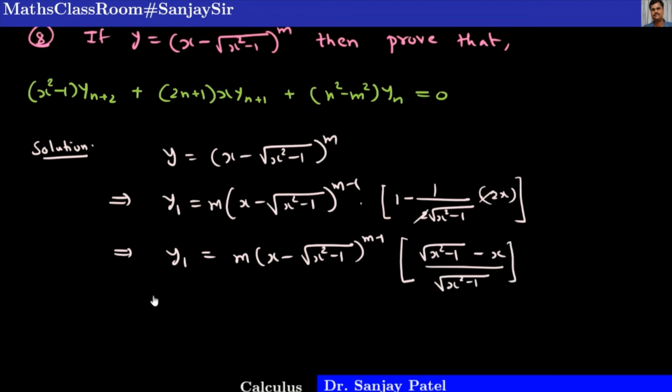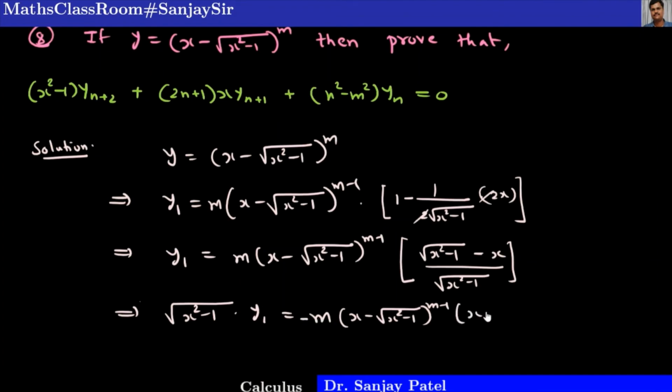This implies that square root of x square minus 1 into y1 is equal to m into (x minus square root of x square minus 1) raised to m minus 1, and from this numerator, I can take minus 1 common and write here x minus square root of x square minus 1.